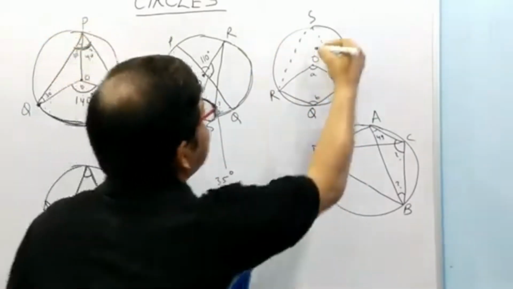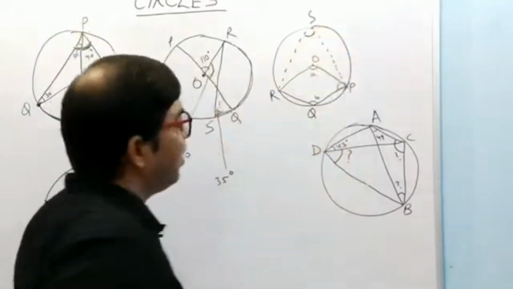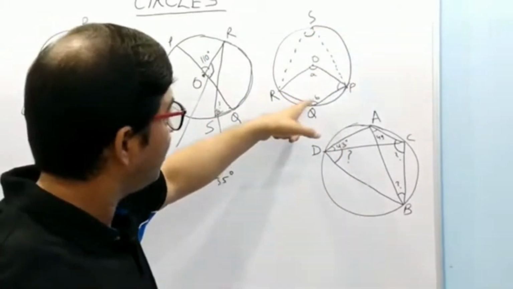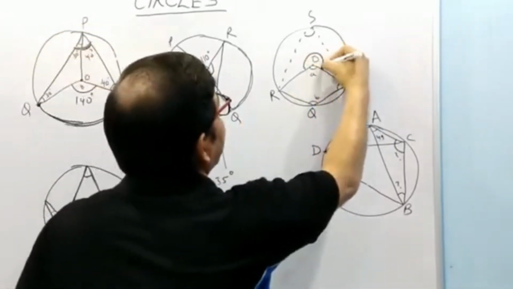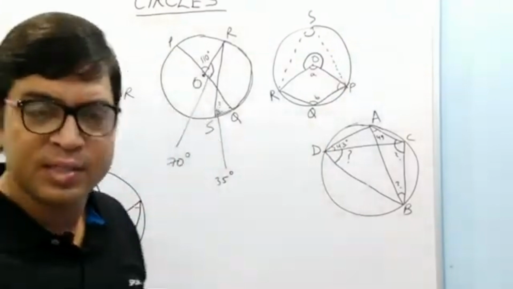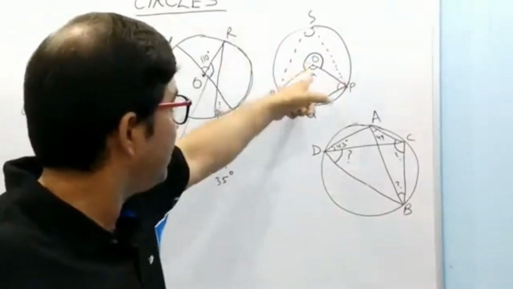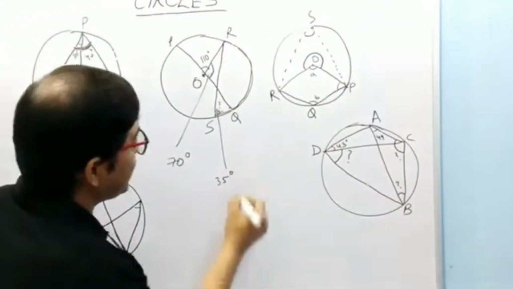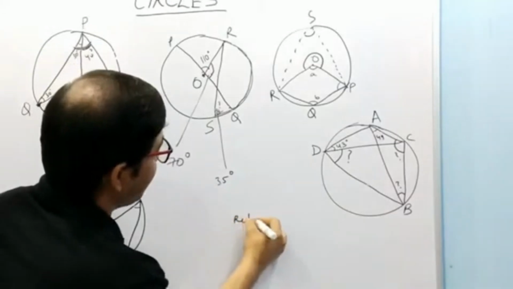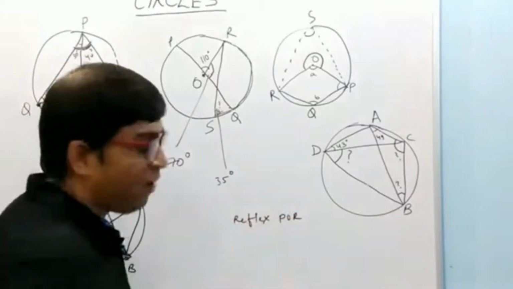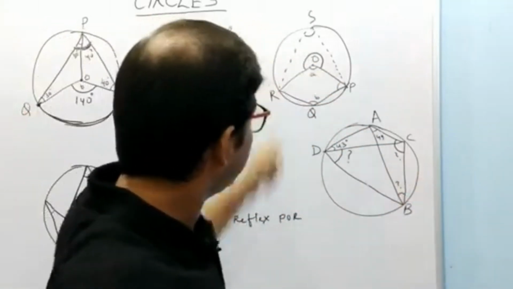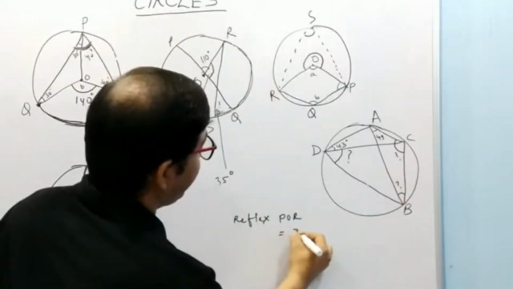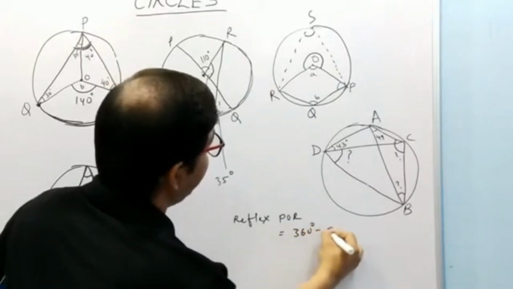So we can get this angle, and this angle we can get, this is the reflex angle, 360 degrees minus A. So we can just find reflex POR. Reflex means more than 180 degrees. This is A, this is 360 degrees minus A.